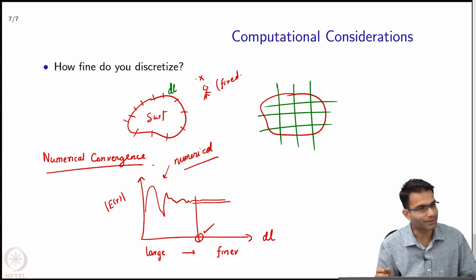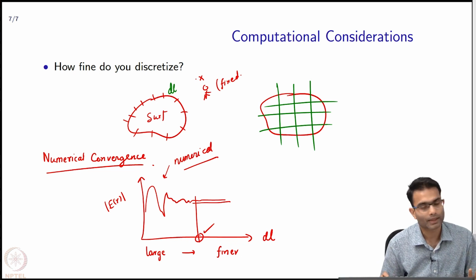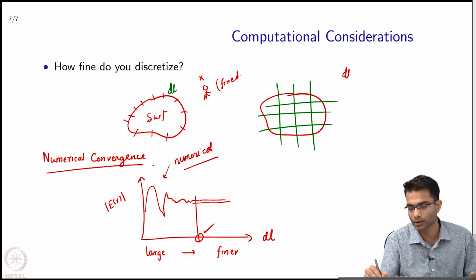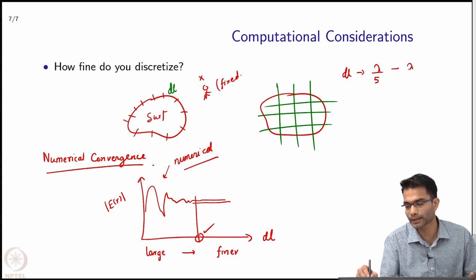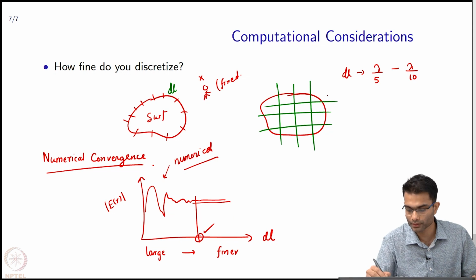Now, people have done these tests a lot. So, there is also a rule of thumb that you pick your DL to be in the range of lambda by 5 to lambda by 10.